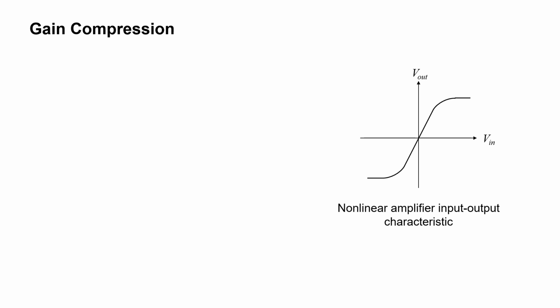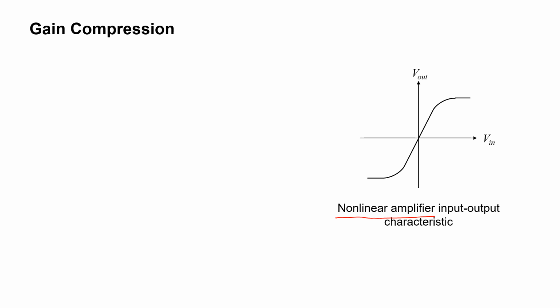Previously I gave you a very simple example in which I just used one resistance to show you a little bit of what exactly a non-linearity looks like. In this example, we look at a non-linear amplifier, and we are going to discuss its input and output characteristics.